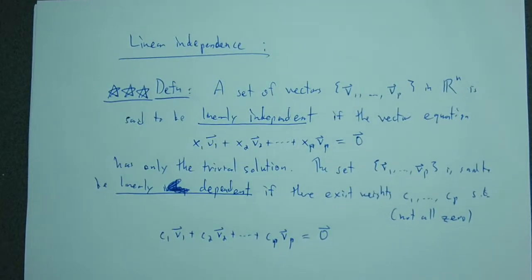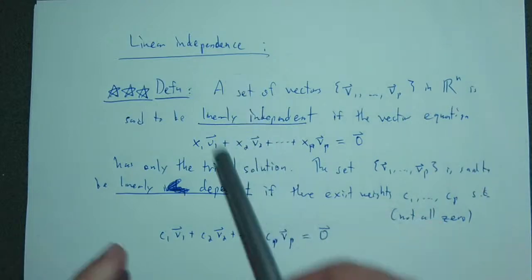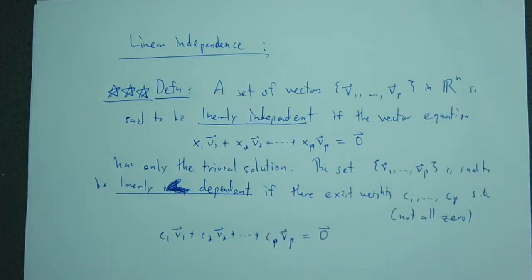So what I've said here is the following. Basically, here's the definition of linearly independent. And if it's not linearly independent, then this isn't satisfied. That is, this vector equation has more than just the trivial solution.